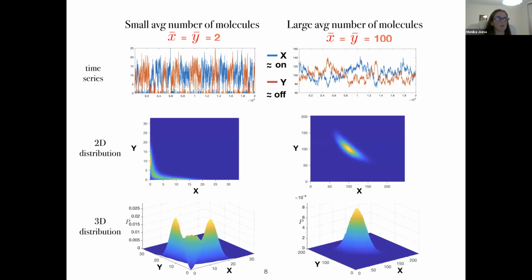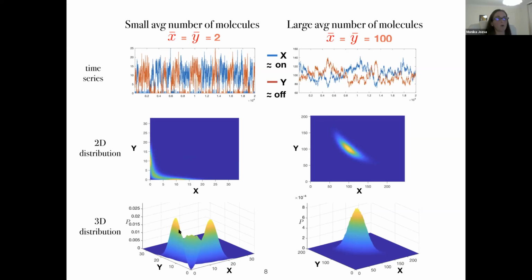If we plot the distribution of these processes, as we might expect, the one on the right looks a little bit like a Gaussian distribution, but the one on the left is very different. We have some bumps on the axis, and in this case a third little bump in the middle.